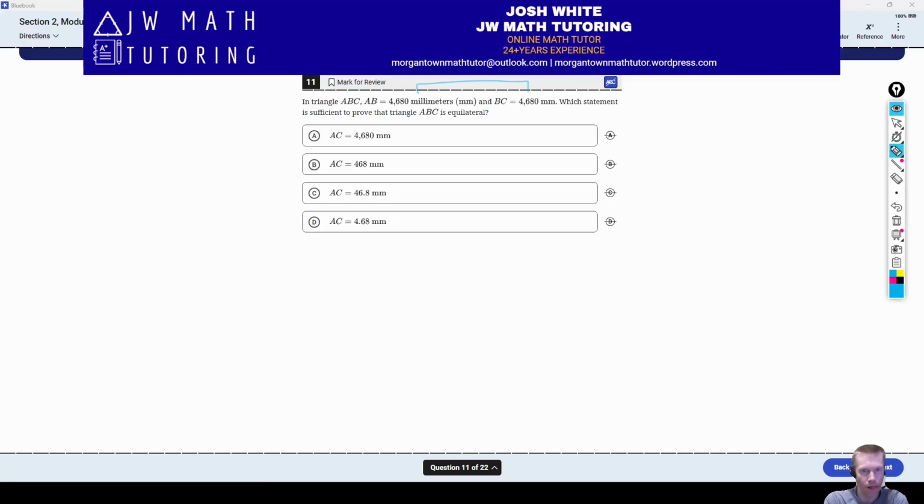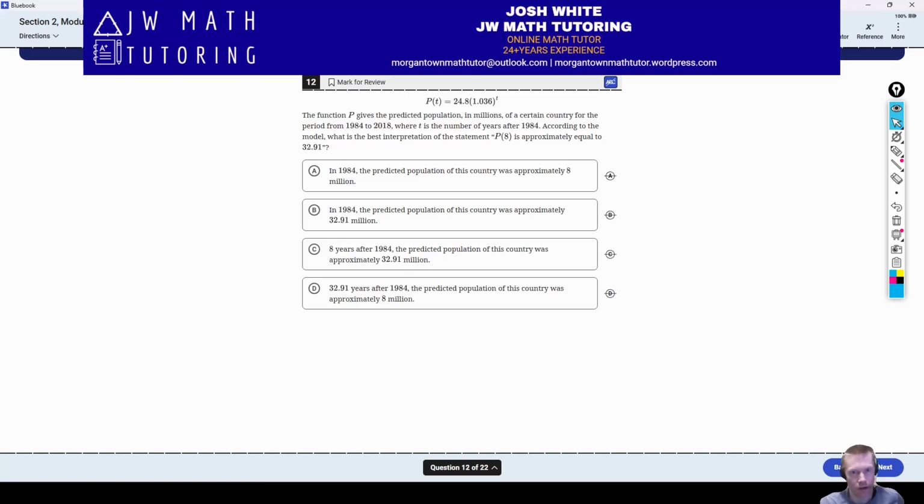Well, for a triangle to be equilateral, all three sides must have the same length. So AB and BC and AC must all equal 4680 millimeters. So the correct answer for this one is just going to be letter A. Equilateral triangle, all three sides the same, and it also, as a result, has all three angles the same, but that doesn't apply here.